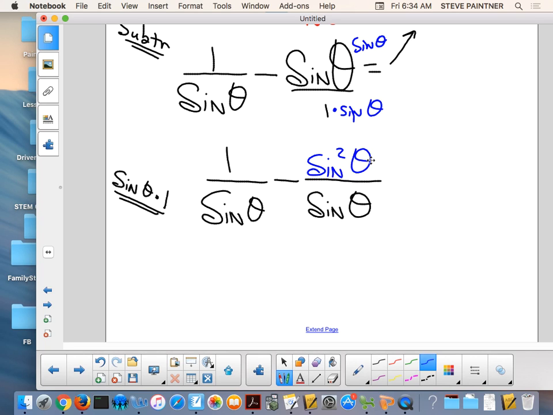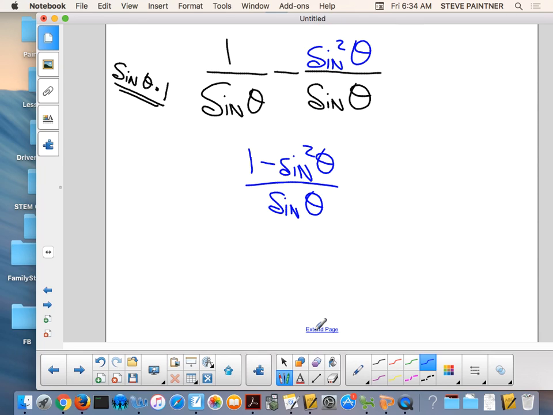There you go. And now you have two fractions with common denominators. Go ahead, subtract them. 1 minus sine squared on top over sine on the bottom. Well, this looks like Pythagorean right here, doesn't it? You got a trig function sine squared with a 1 next to it. So once again, you got to think, how do I get this to look like the top up there?